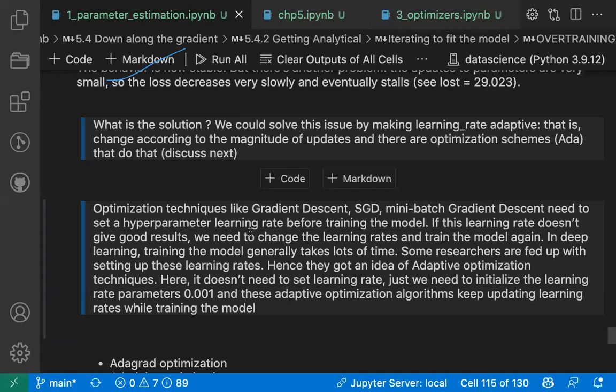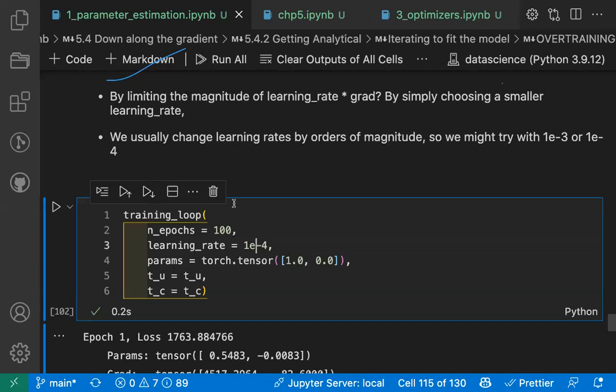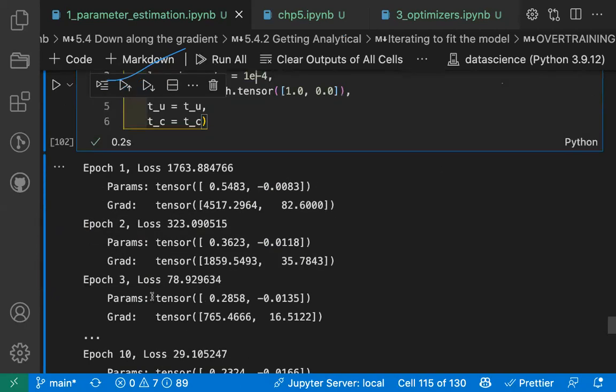That is the notion of adaptive learning rate, like AdaGrad and AdaDelta. These are called adaptive optimization techniques. Gradient descent, SGD and mini-batch are not adaptive; they don't adapt based on the gradient. So the best way we find is to use an adaptive learning rate, and it will solve the problem.